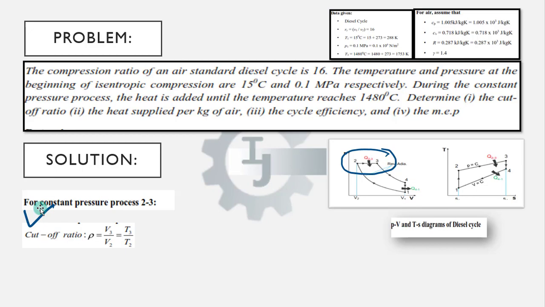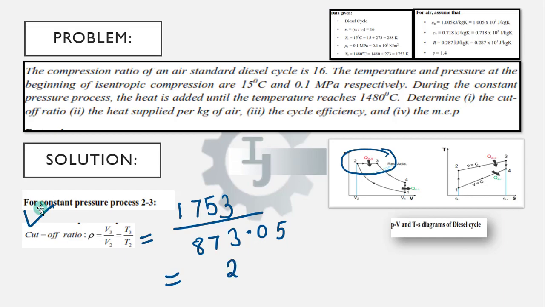So here we can write the value of T3 as 1753 divided by the value of T2 we have already got, that is 873.05. By solving this, we got the answer for the cut-off ratio as 2.01. So we got our answer.